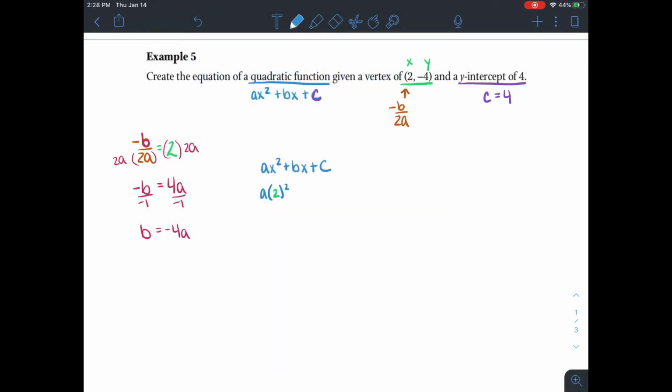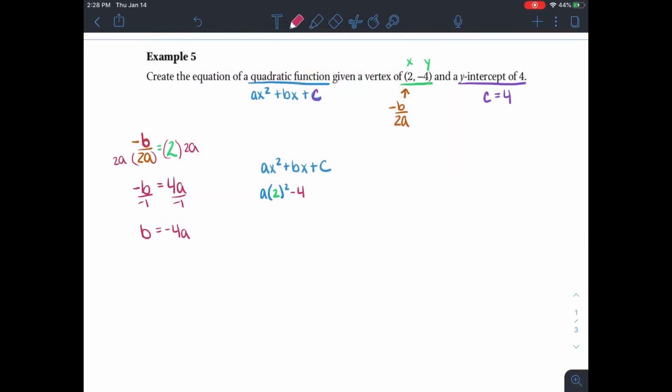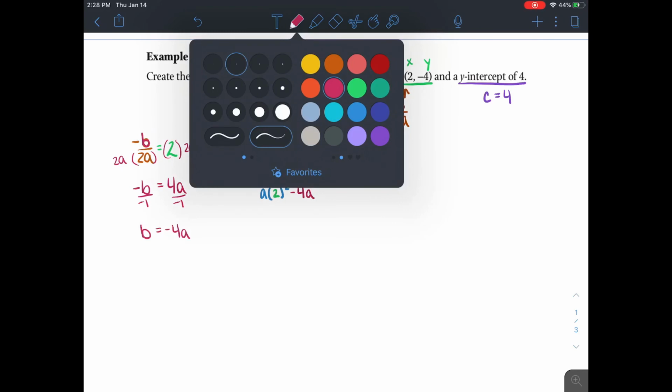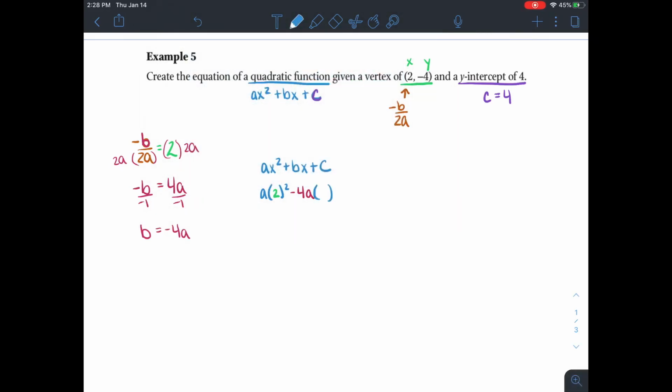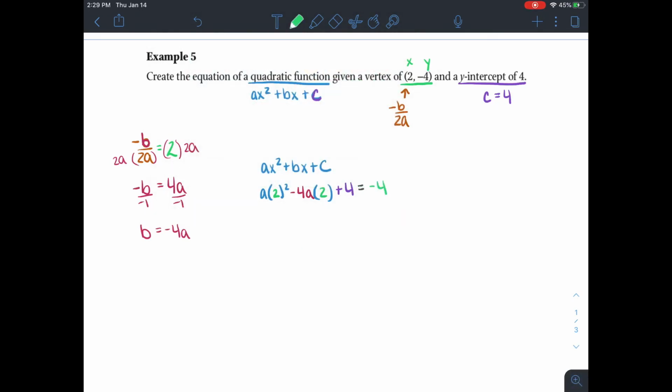We know our b is going to be -4a, again using the 2 for our x value. We know that our c value is going to be a 4. And then the last piece is we know this is all going to equal -4, because if we were to plug all this into the equation, that value is going to come out for that y value. So now we just have to solve for the last variable we have left, and that's the a.